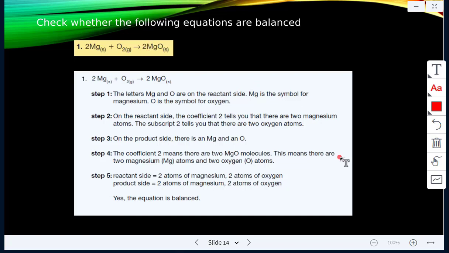All right, so 2 magnesiums, 2 oxygens. So last step, is it balanced? Magnesium, there are 2 on the reactant side, 2 on the product side. And oxygen, there are 2 on the reactant side and 2 on the product side. So yes, this equation is balanced.